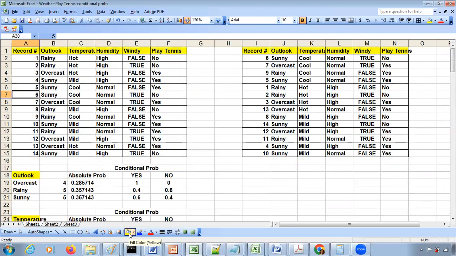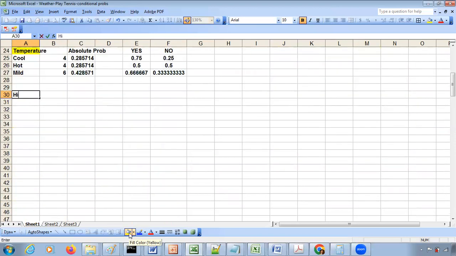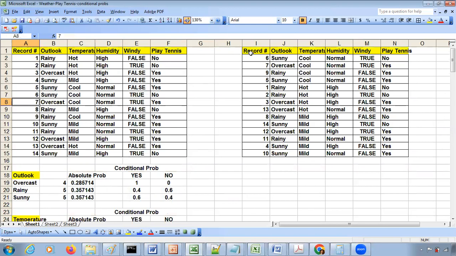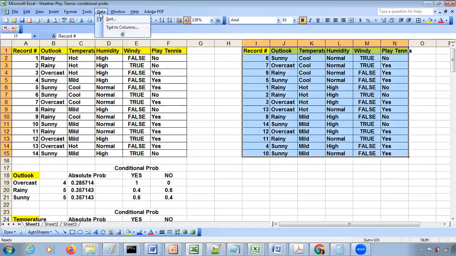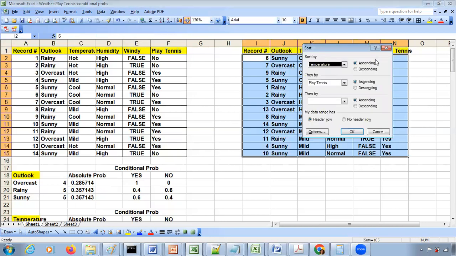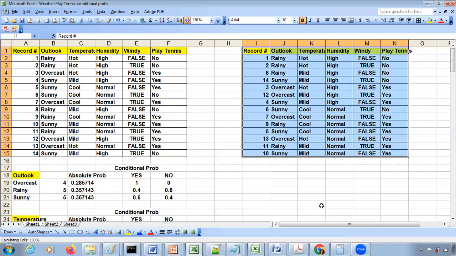So the next thing is humidity. And if you sort the records based on humidity, we have 2 values, high and normal. So there are 7 high and 7 normal.